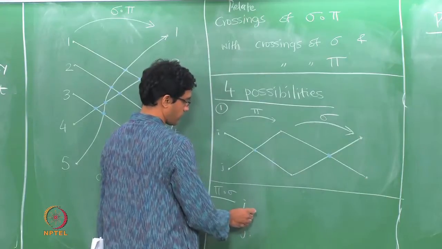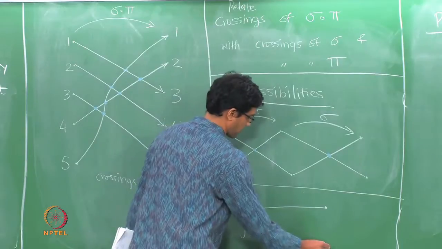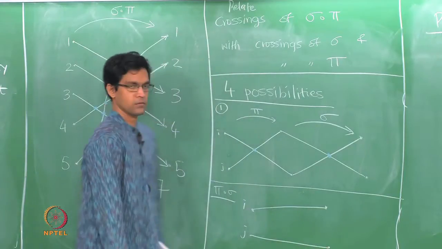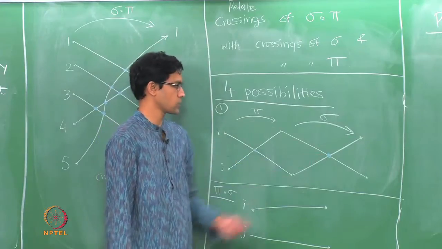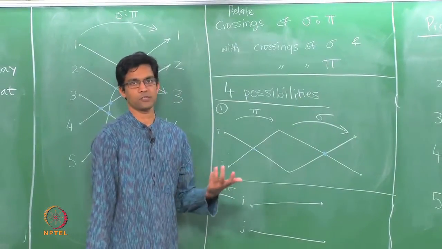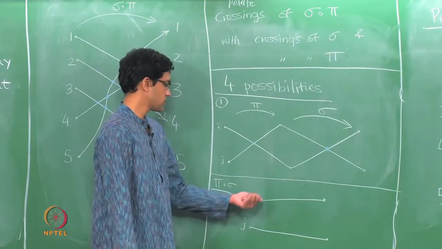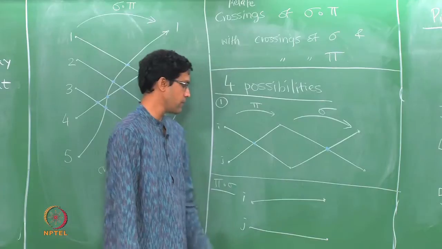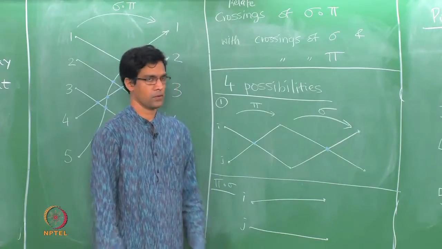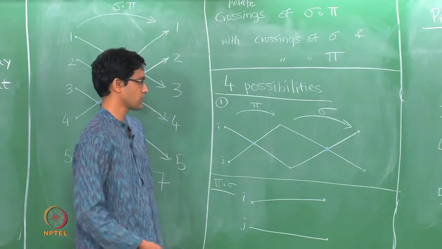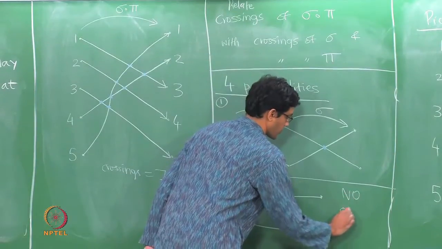So when I compose the 2, i maps to something which is smaller than whatever j maps to. Okay. In other words, if I have one crossing followed by another crossing, then they undo the effect of each other. In the composition of these two things, sigma of pi of i would be smaller than sigma of pi of j. So two successive crossings lead to no crossing in the composition.